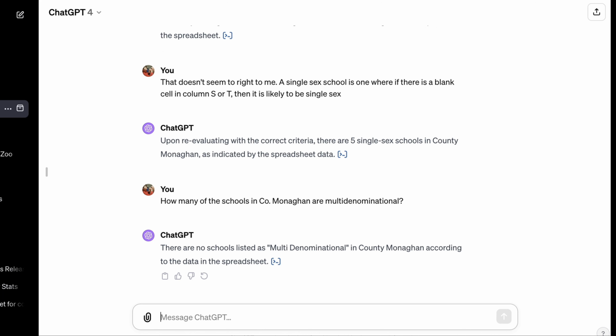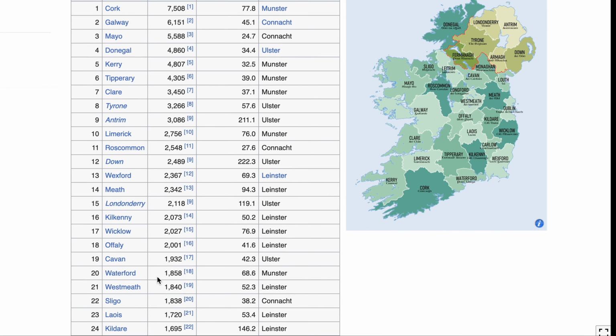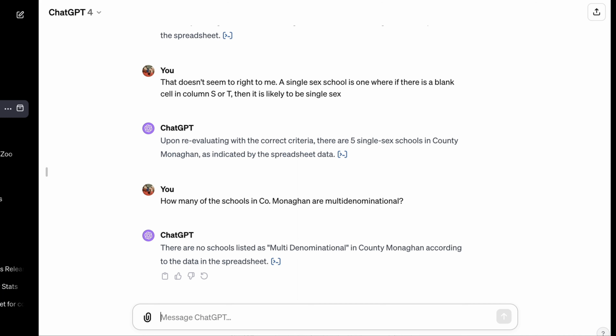And one of the things then you can do is you can start looking at other data as well. So I'm going to show you a Wikipedia page which lists counties by their size. And Monaghan here is a reasonably small county. It's 1,295 square kilometres. Now you could ask ChatGPT this, but I'm going to say County Monaghan is 1,295 square kilometres in size.